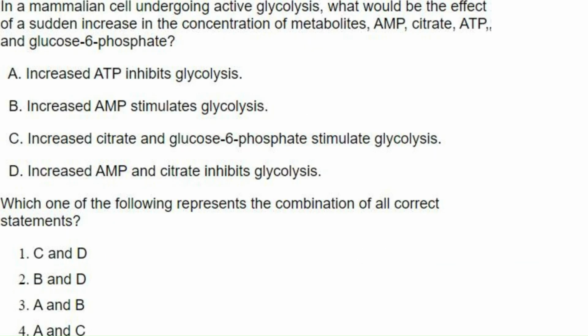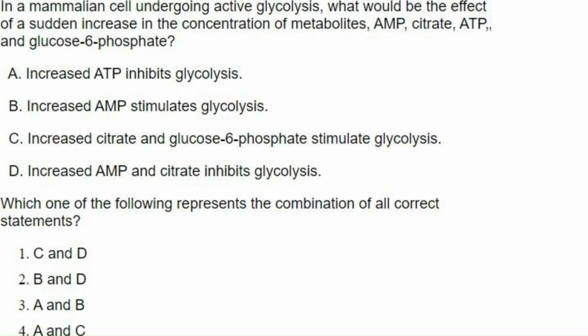Now, let's look at some questions. So, the first question is, in a mammalian cell undergoing active glycolysis, what would be the effect of a sudden increase in the concentration of metabolites AMP, citrate, ATP, and glucose 6 phosphate? Now we are given four situations.